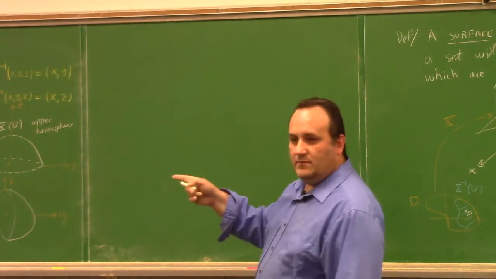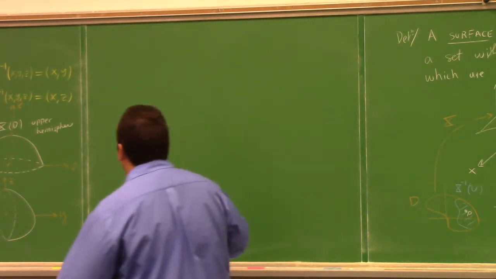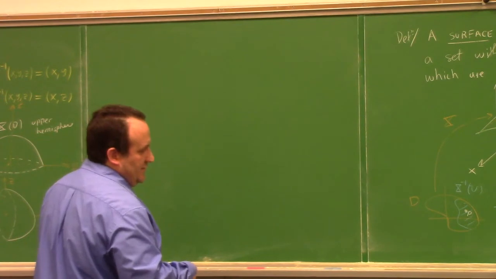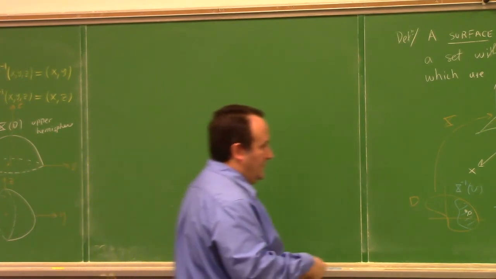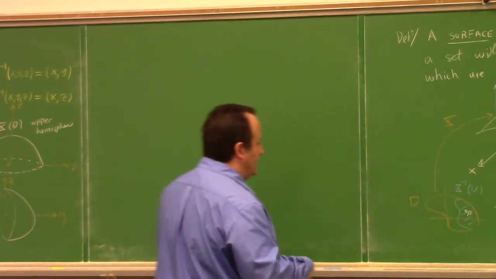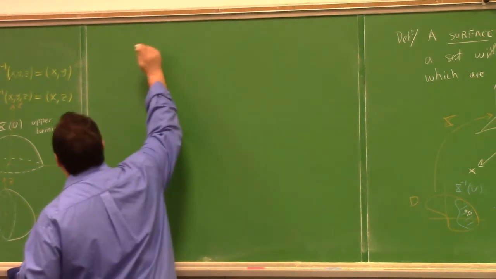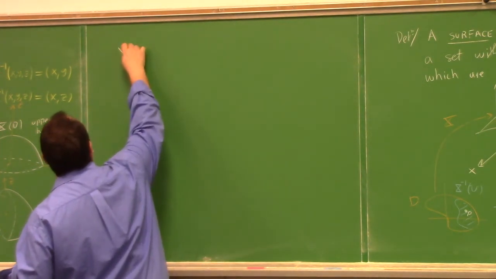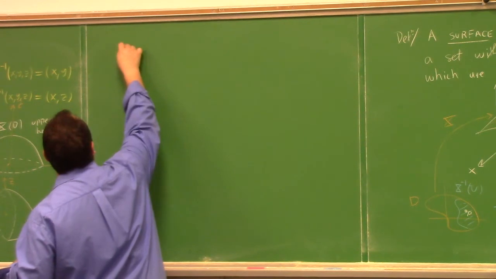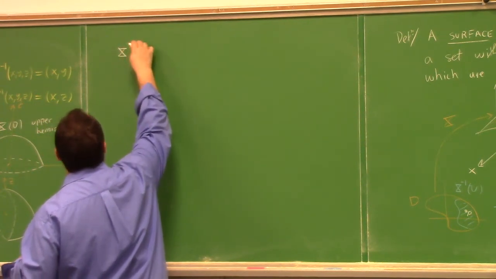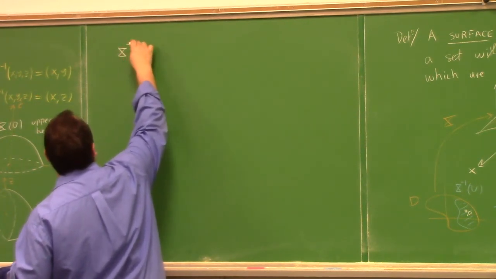But anyway, okay, so can we look at the transition function here? Which one do you guys want to look at? X bar inverse composed with x, or what? Go from the top hemisphere to the right hemisphere. So x into x bar. So x inverse composed with x bar?